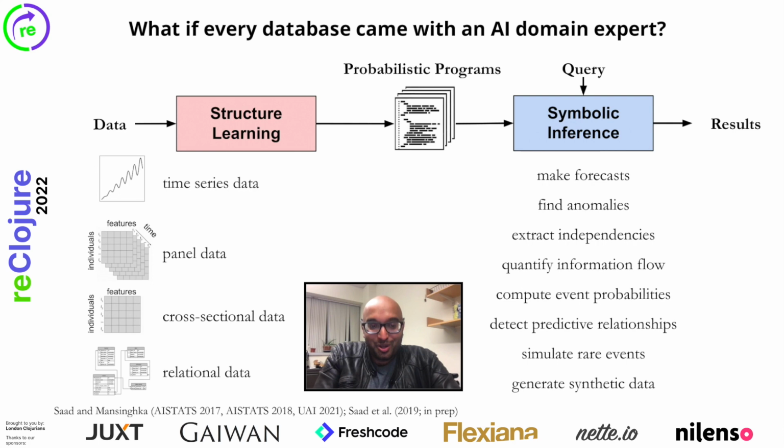Our research has shown it's possible to go from time series data, panel data, cross-sectional data, and even relational data to probabilistic programs that we can query not just to generate synthetic data, as you've seen, but to answer a much broader range of questions in data science. Zane is going to show you one such example so you can get a sense of how far we think Clojure might be able to grow if InferenceQL proves successful.